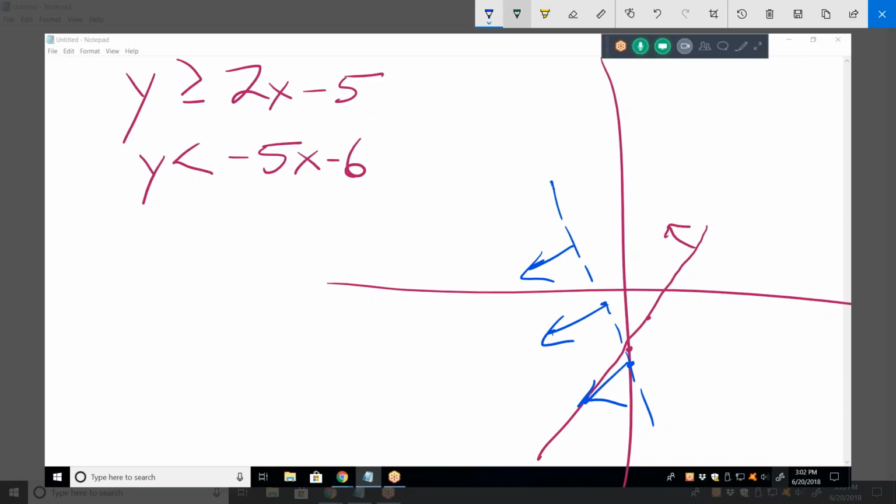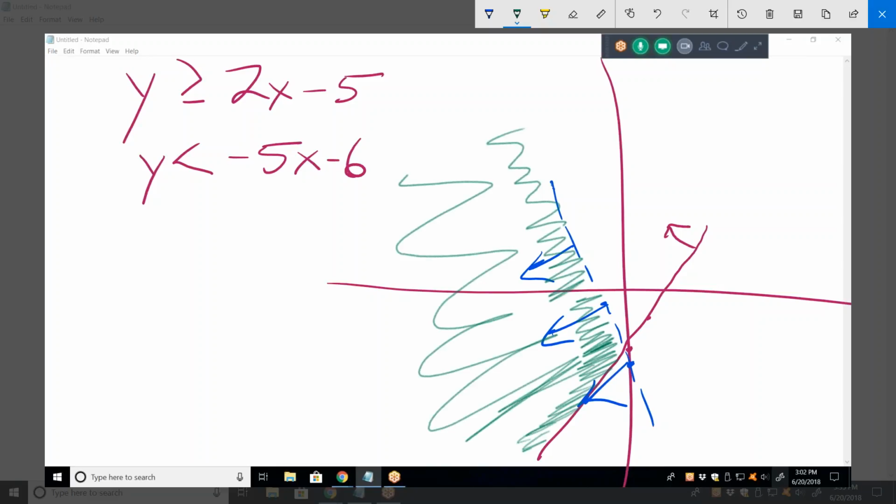So the region is all of that, out to infinity, both vertically and horizontally. Not the little cone in the middle, but nothing in the middle of the two. Any point that's in my green area is going to satisfy both of those inequalities.